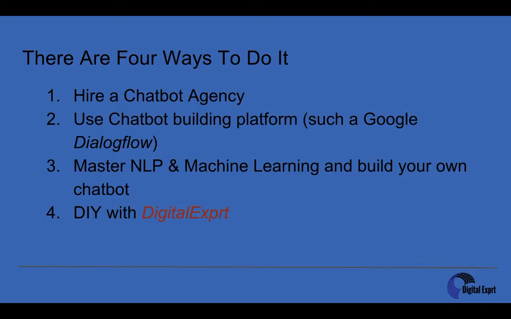The first way would be to hire a third-party chatbot agency, which specializes in building software that can process customer messages, paragraphs, and documents, and will then be able to provide a reply in a similar written format using natural language or even voice activated, which basically gets transformed into written text.